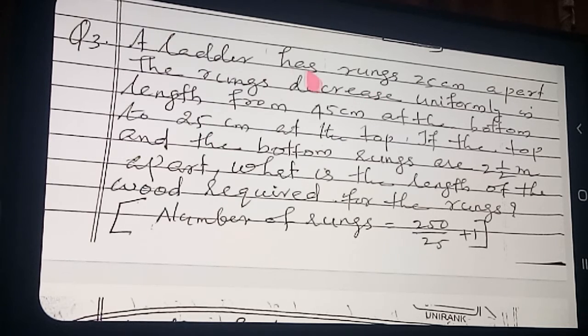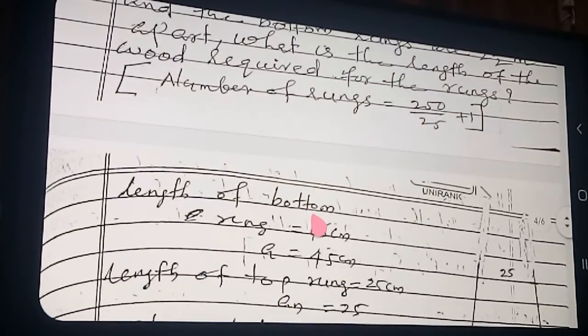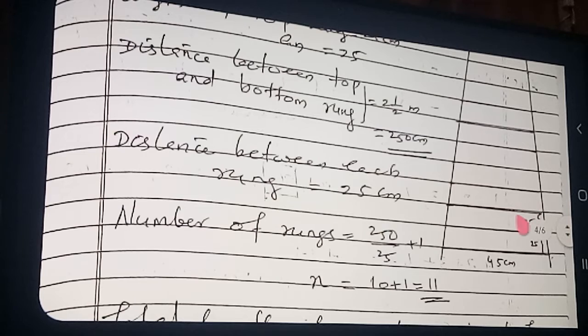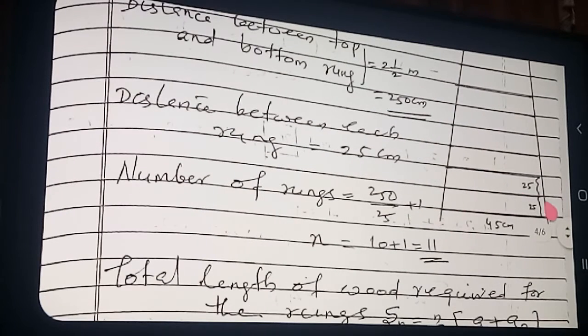The ladder has rungs 25 centimeter apart, means the distance between the rungs is given. The first rung is this one, the second rung is this one. The distance between these two rungs, how much is given? 25 centimeter. The distance between the rungs is given, not the length of the rungs.